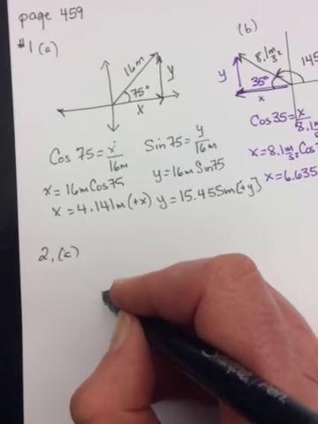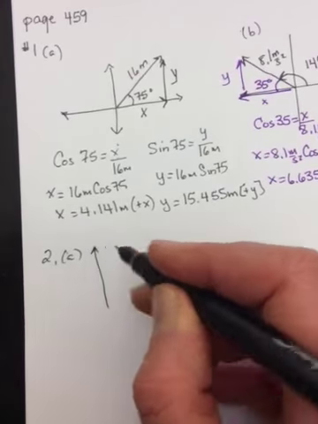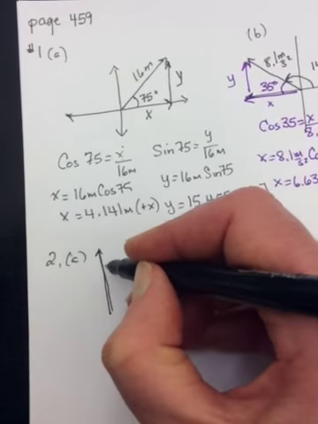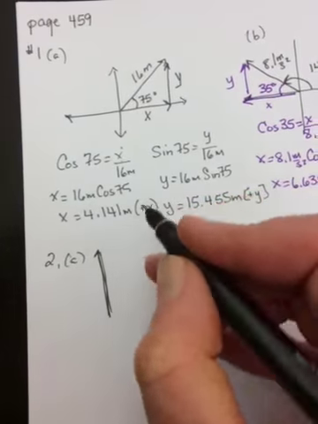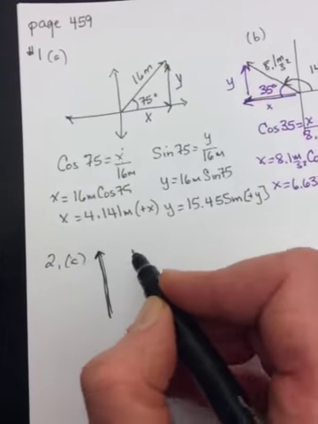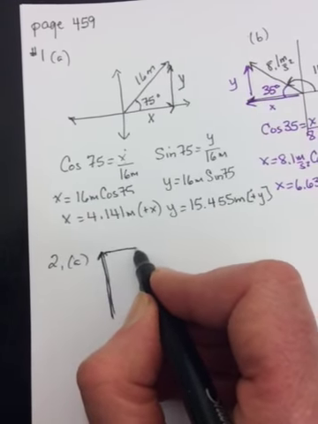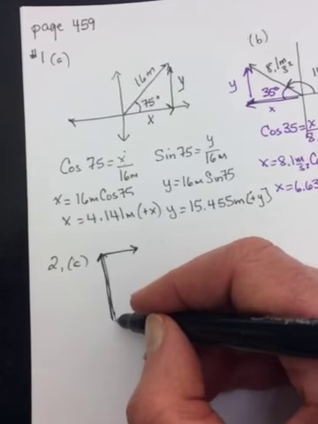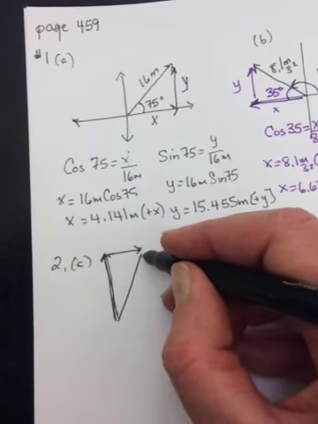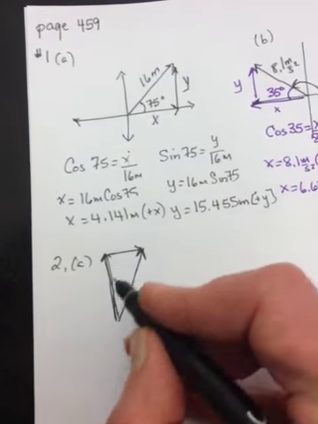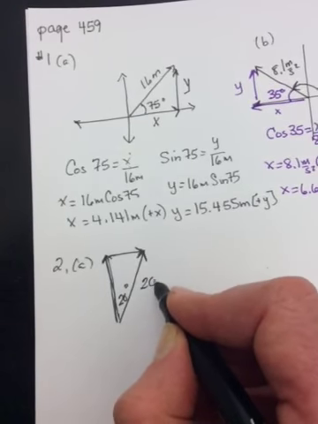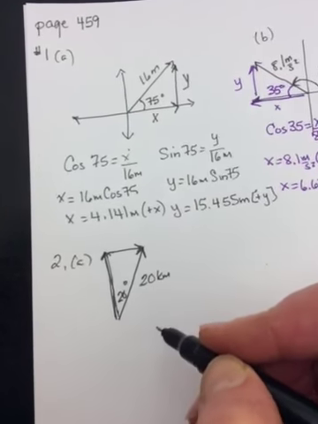So drawing it north, and then if the angle is less than 45, then it means the second vector is shorter than the first one. So since the angle is 20 degrees, then it means the second vector isn't very long. And so then my resultant always starts where the first one started and ends where the last one ended. This is 20 degrees, and this is 20 kilometers, I believe.